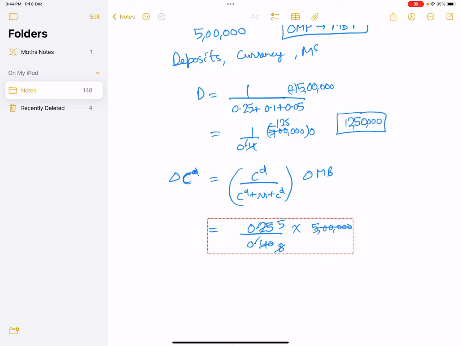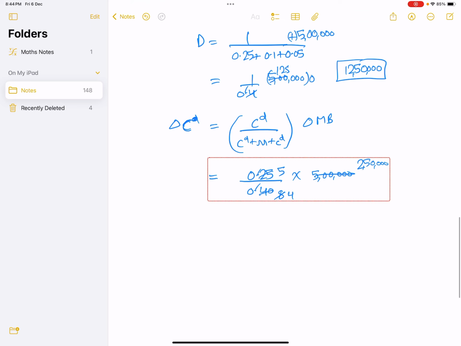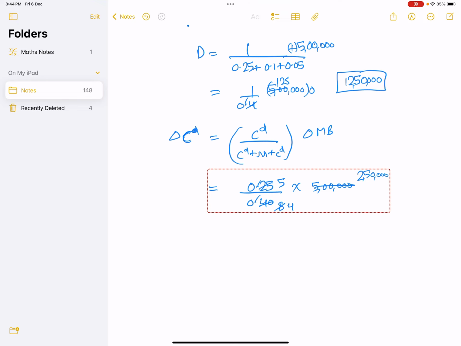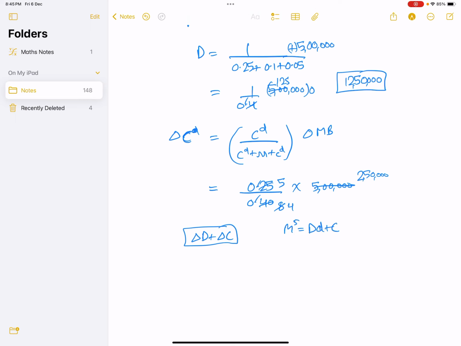We can solve this, right? I'm not doing the calculation, but I hope you can solve it. And the change in the total money stock would be change in D plus change in C. We can just add it up because we know money stock equals demand deposits plus currency. So the change in money stock equals the change in demand deposits plus the change in currency.